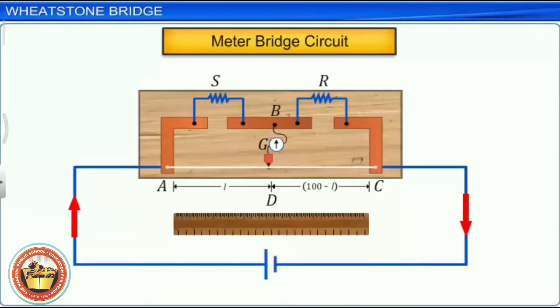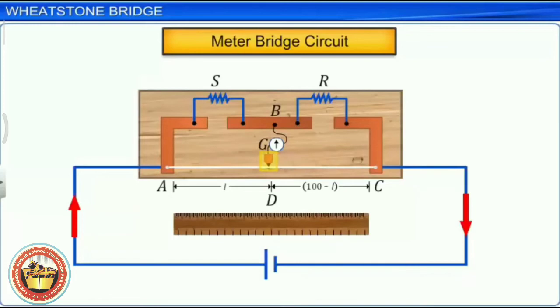One end of the galvanometer is connected to B and the other end is connected to the jockey, denoted J. This meter bridge is also known as a slide wire bridge.